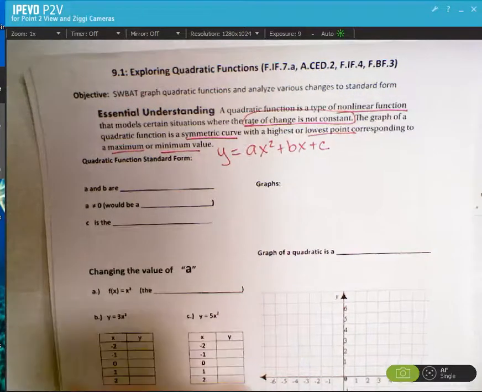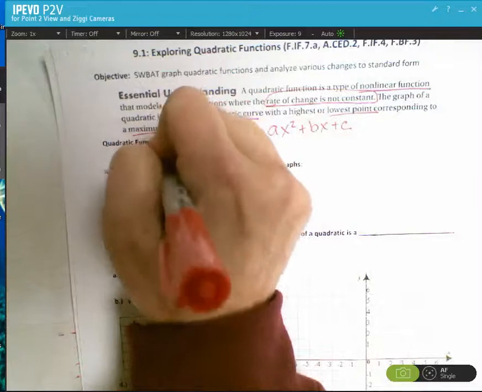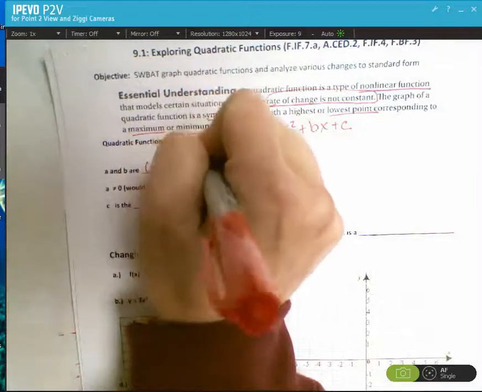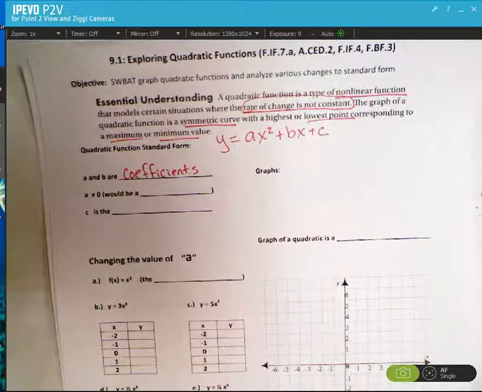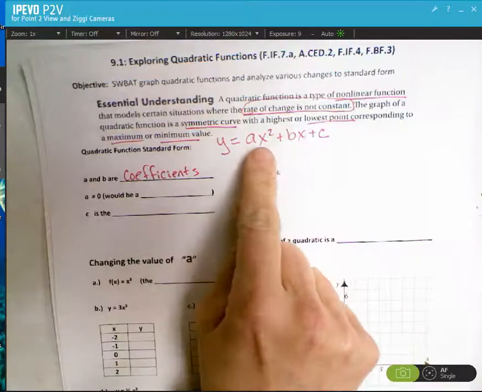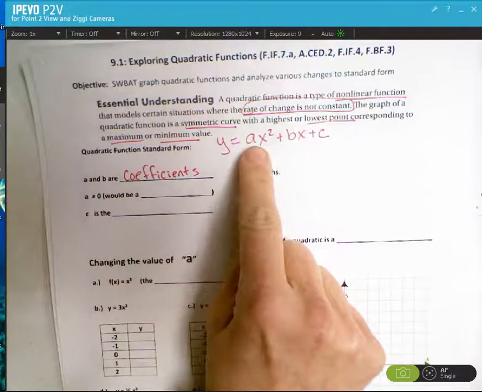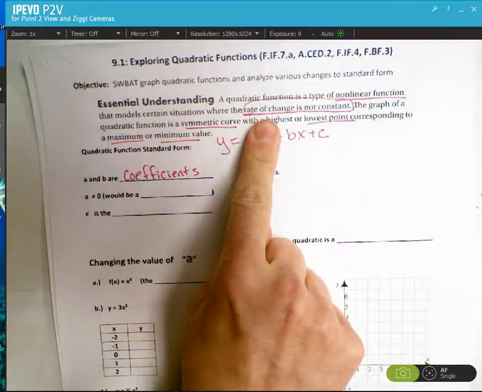So let's see. a and b are coefficients. And a cannot be 0, because if a is 0, anything times 0 is 0, so that would go away. And I'd end up with bx plus c.